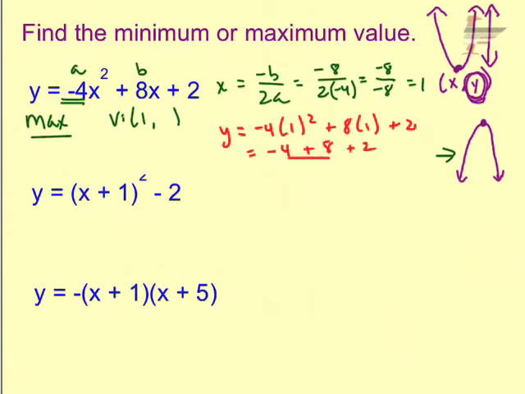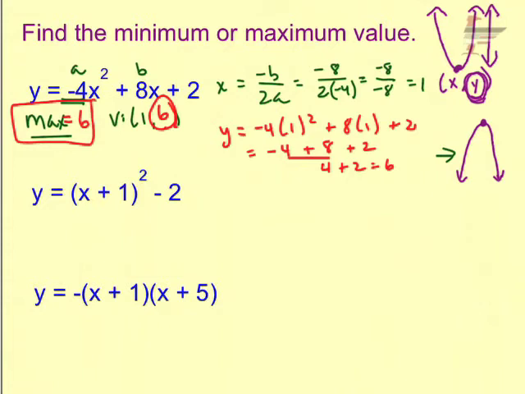So negative 4 plus 8 is 4, plus 2, which is 6. So our vertex for this graph is (1, 6), and our maximum is going to be the y value. So we would say our maximum value is equal to 6. That will be the highest value of our graph.